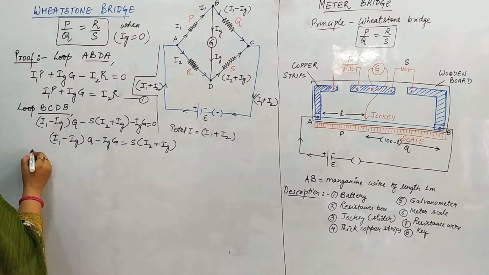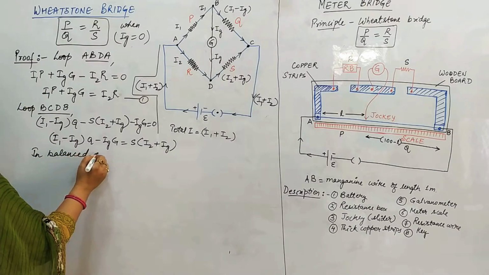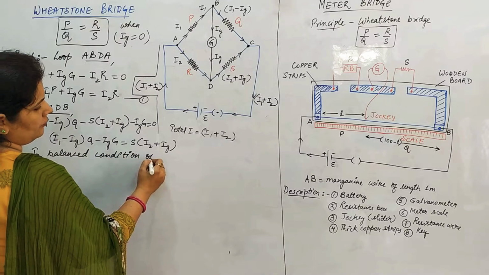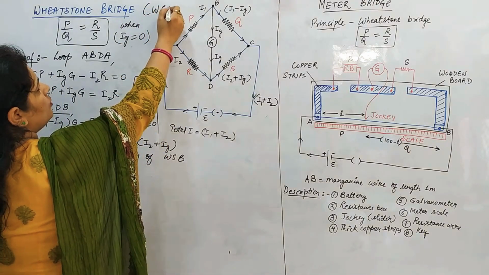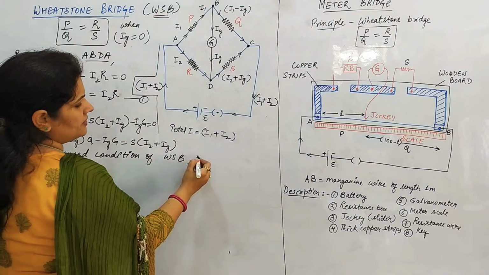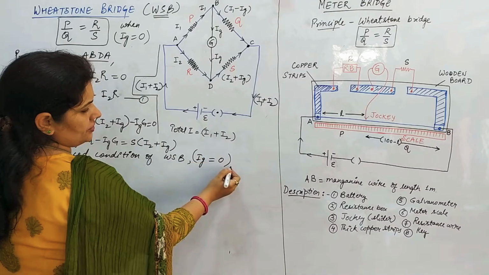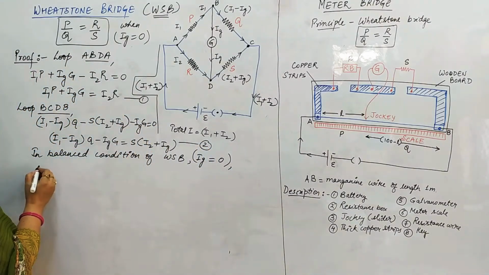Right? Now in the balanced condition of Wheatstone bridge, in short we can also write it WSB, the galvanometer shows null deflection. Putting in equation 1 and equation 2.